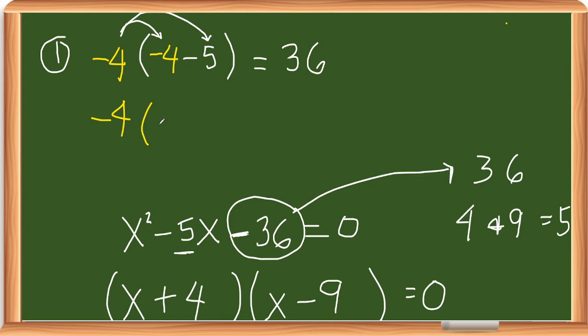Meron akong guideline sa inyo dyan, di ba? Subtracting integers. When you are subtracting unlike signs, you are subtracting a negative number, so that's negative 4, and subtract it to a positive number, which is 5. Anong ginagawa natin? Are we going to add or subtract?